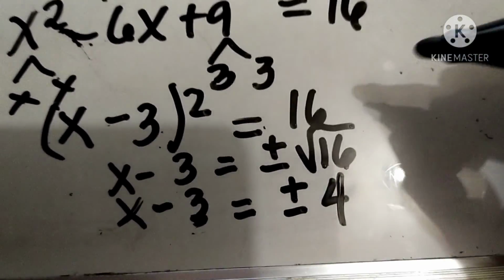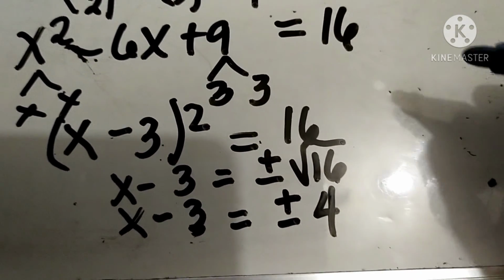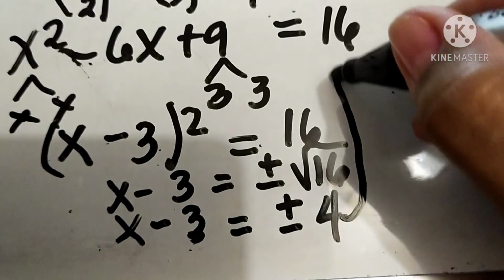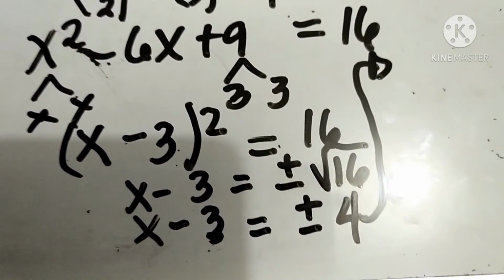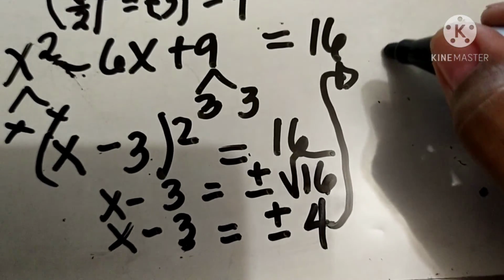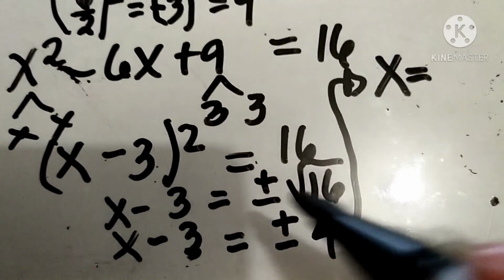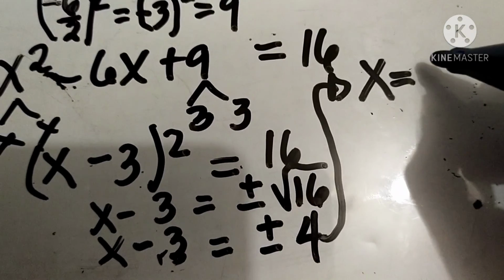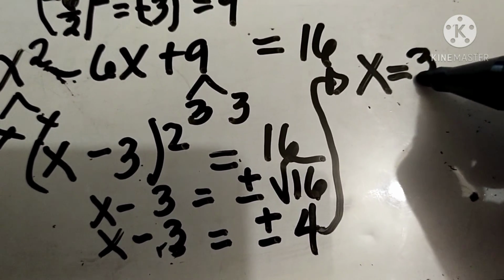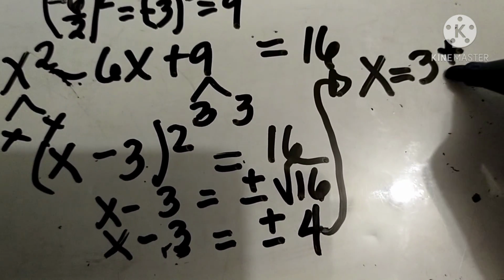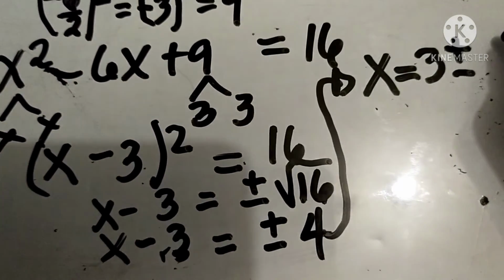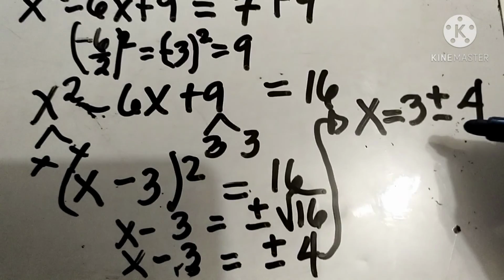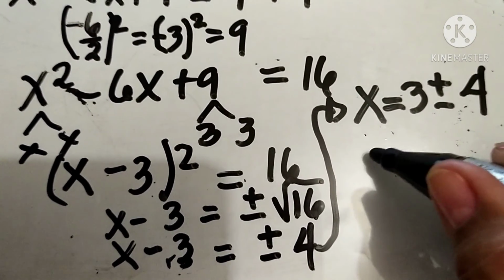Then after that, ilalagay natin dito banda sa taas. Okay, dito. After that, i-transfer natin ang 3. Transfer natin yung negative 3 sa kabila, that will become positive 3. So, positive 3, plus and minus 4. And then, simplify lang natin.